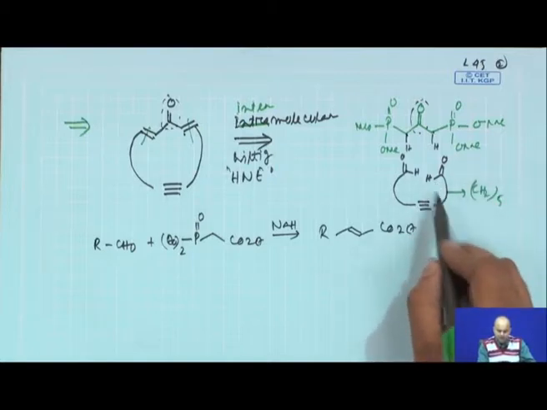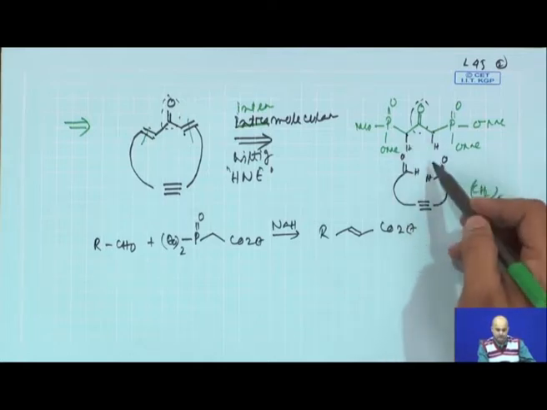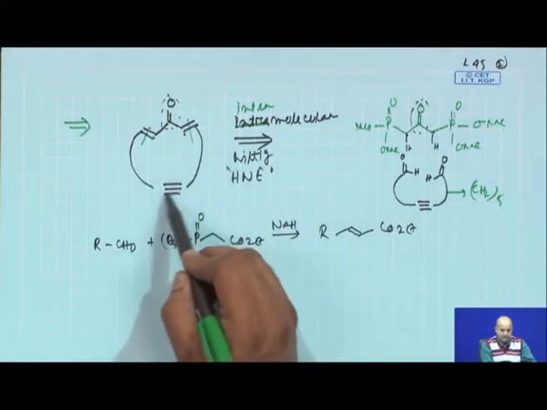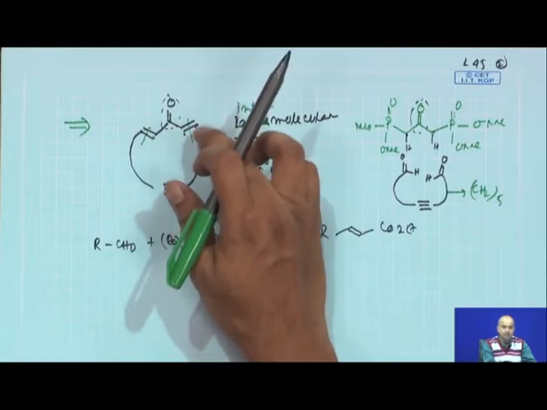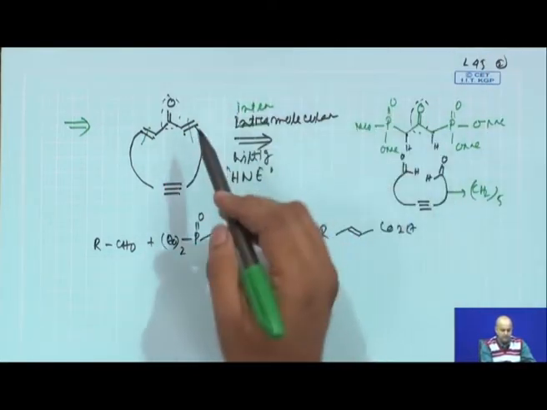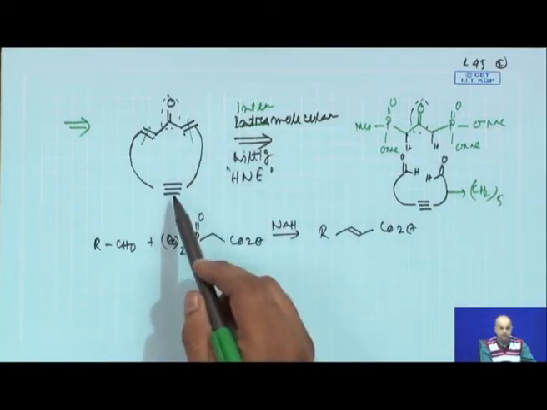So if you have a base alkyne aldehyde, you do a Horner-Wadsworth-Emmons reaction, then you do the Lindlar catalyst mediated reduction here, and then you reduce this double bond completely. Or initially you can reduce this double bond first and then touch the Lindlar one.